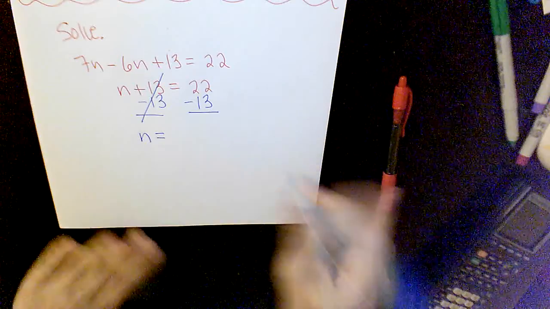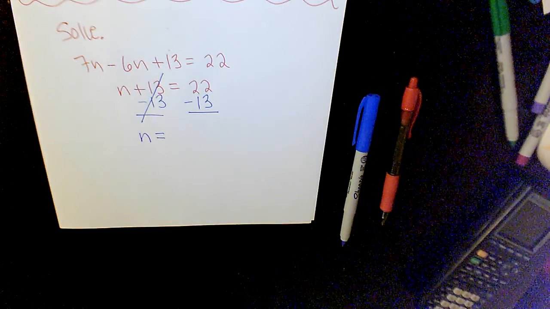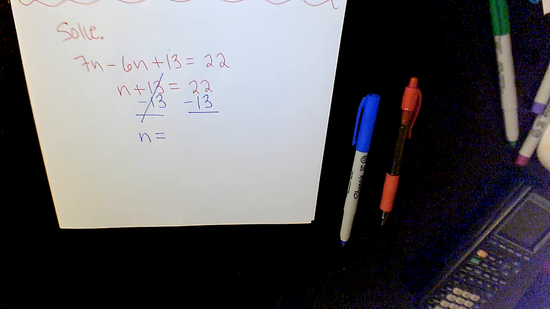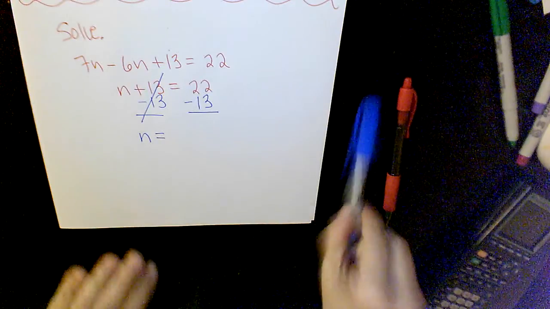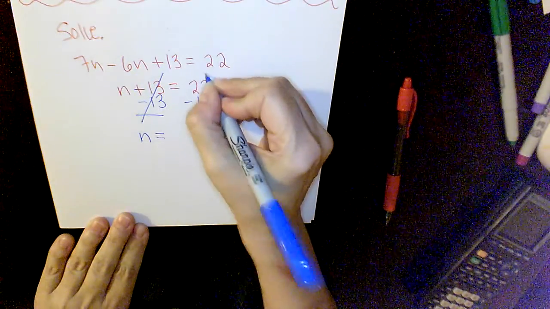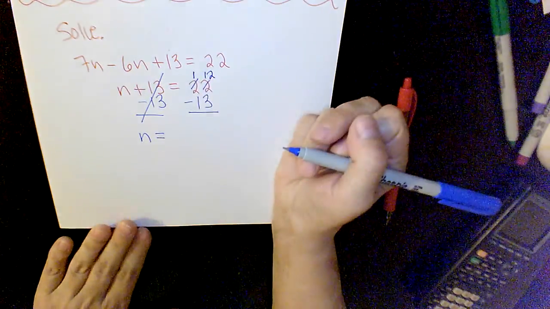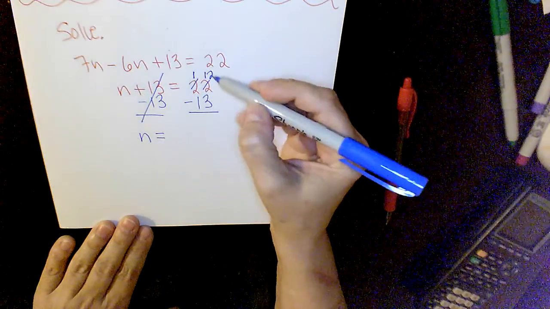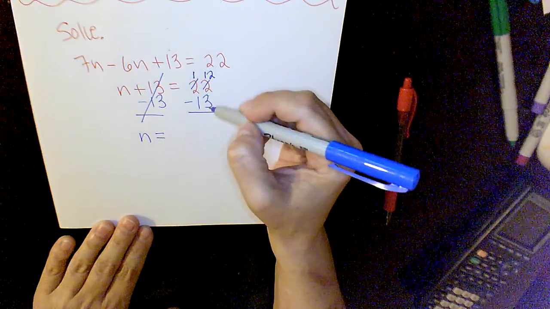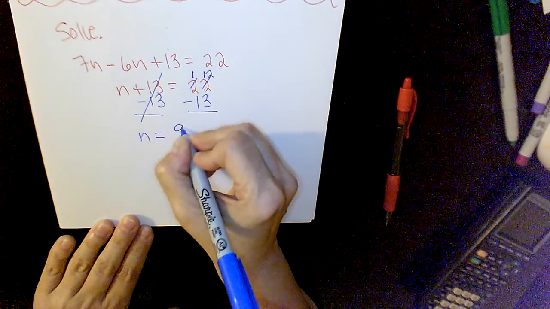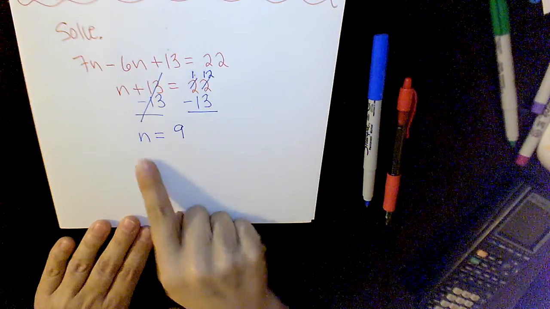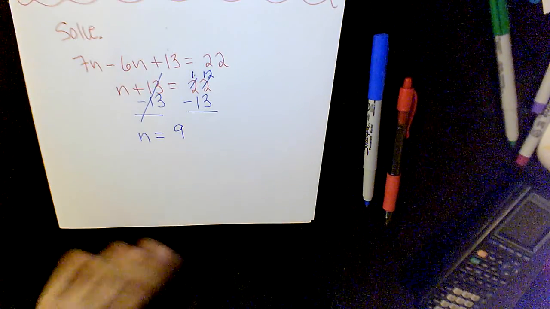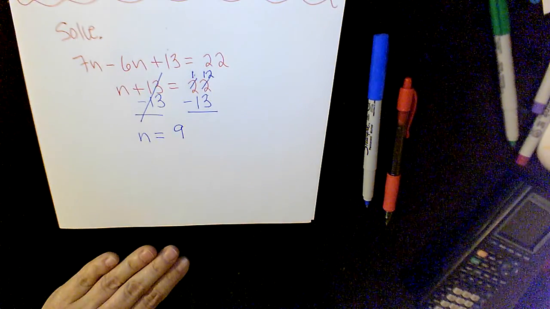So I am left with n equals on the left. And what's 22 minus 13? Let's see. I need to borrow and make this a 12. So 12 minus 3 is 9, and 1 minus 1 is 0. So n is 9. So 9 is my solution.